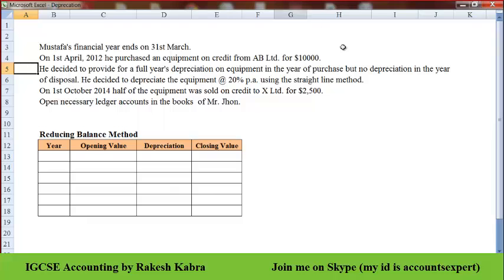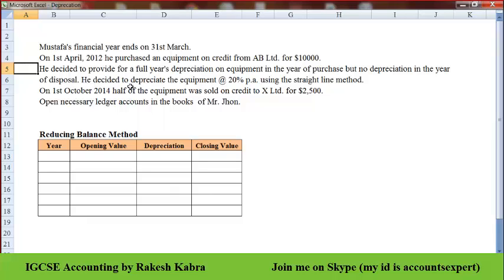But no depreciation in the year of disposal; the year in which he sells that equipment, in that year he will not charge any depreciation.